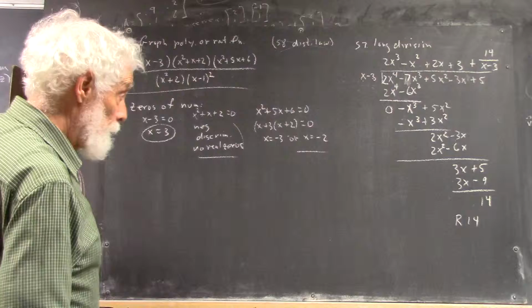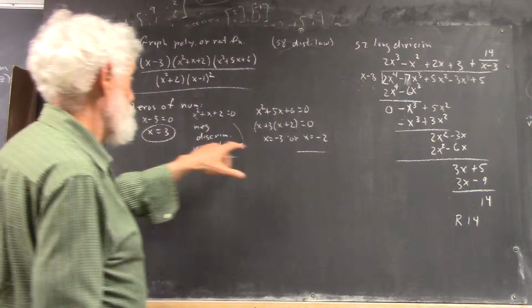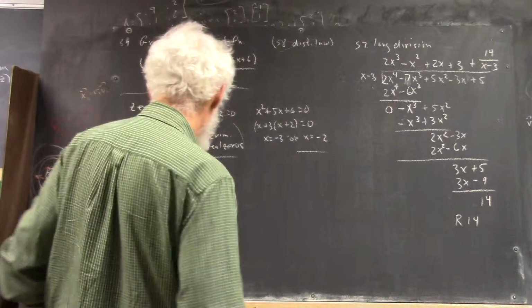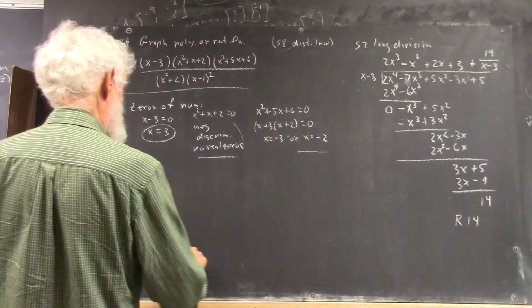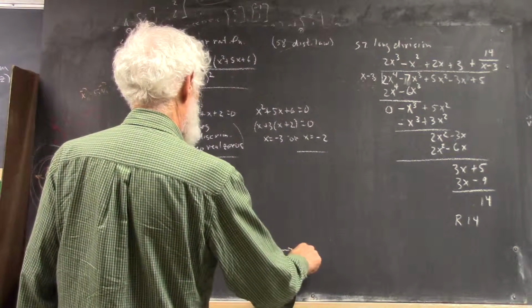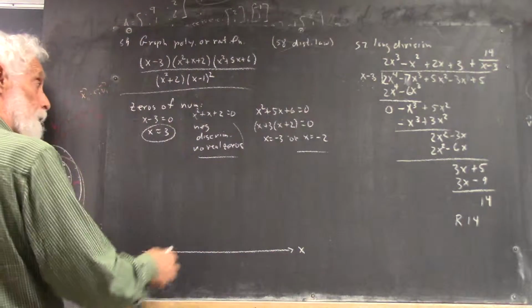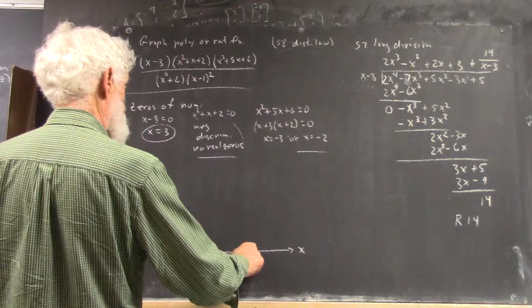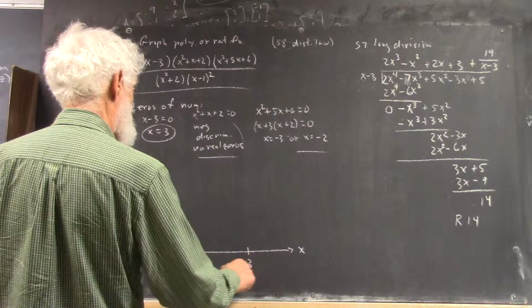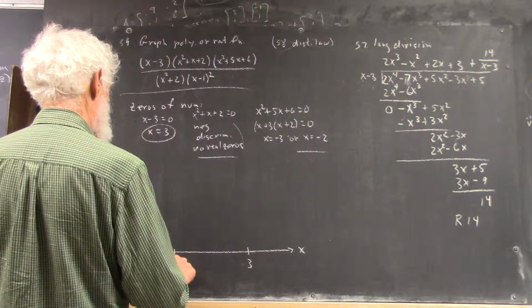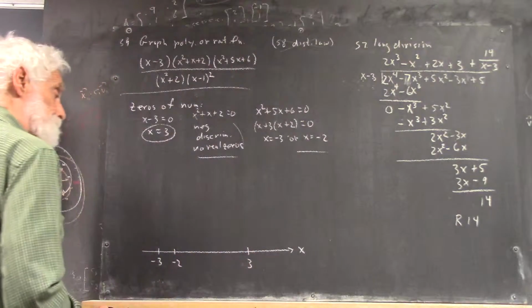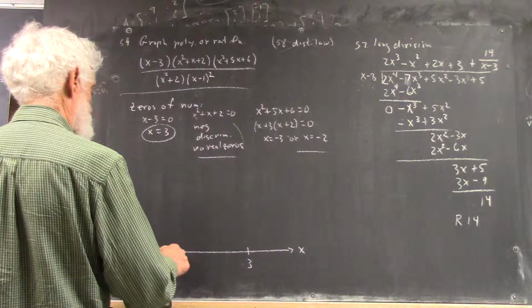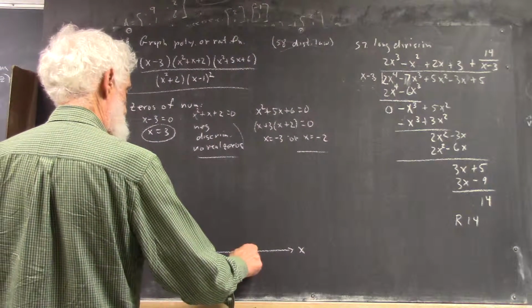So the numerator has zeros at 3, negative 3, and negative 2. Now I can come down here, draw myself an x-axis, and indicate those zeros at negative 3, at 3, and at negative 2. Put a little x there to indicate that these are zeros.